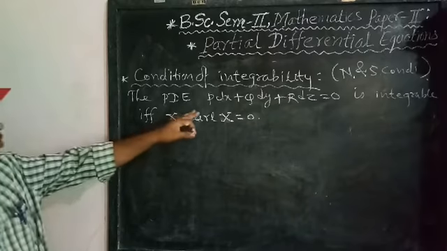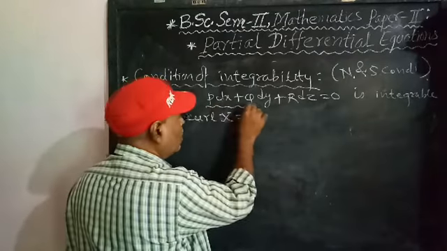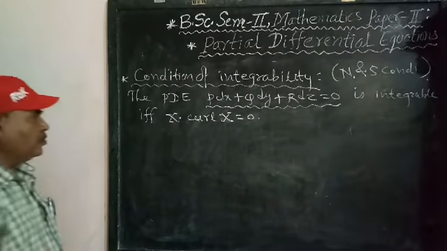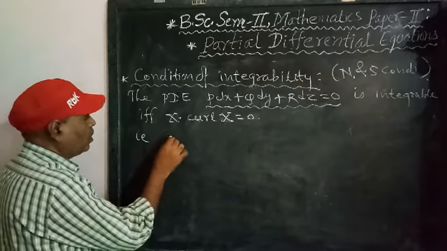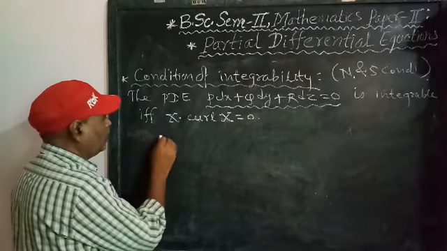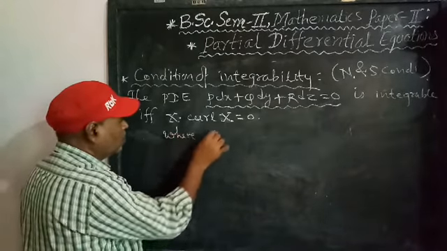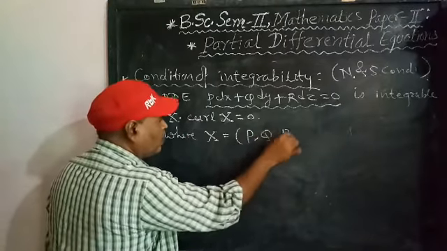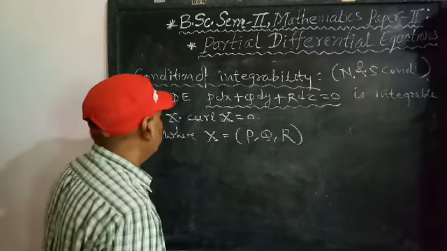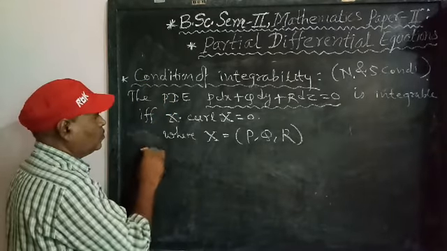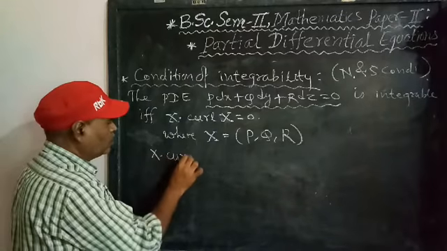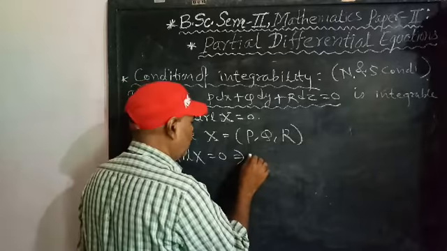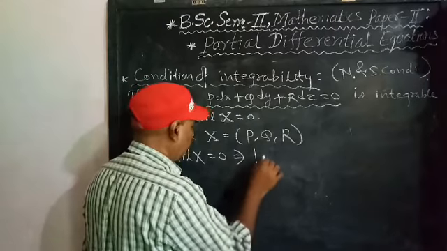The PDE P dx plus Q dy plus R dz equal to 0 is integrable if and only if X dot curl X equal to 0. That is, now here we have X equal to the vector PQR. Therefore X dot curl X equal to 0, we can write this in the determinant form.